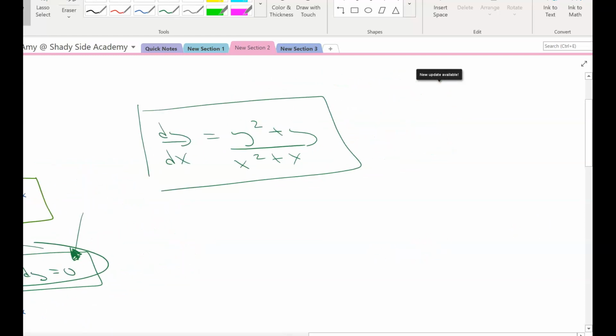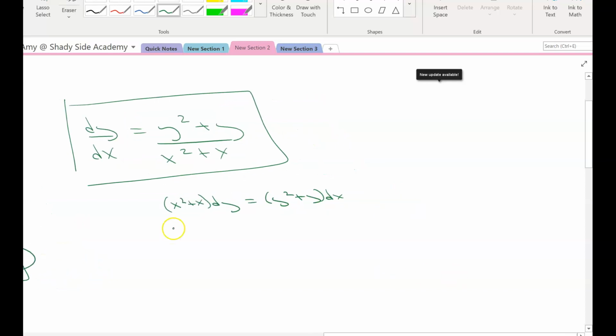So I have (x squared plus x) dy equals (y squared plus y) dx. So I'm going to write (y squared plus y) dx plus negative (x squared minus x) dy. This equals 0.